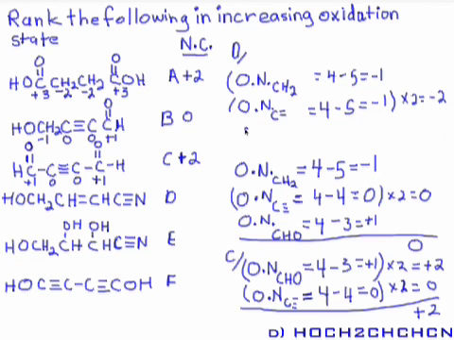And then lastly, we have the oxidation number for the C triple bond N. And that equals 4 minus, carbon gets nothing for the C triple bond N. Nitrogen's more electronegative. The triple bonds, none of the electrons are counted towards oxidation number of carbon.